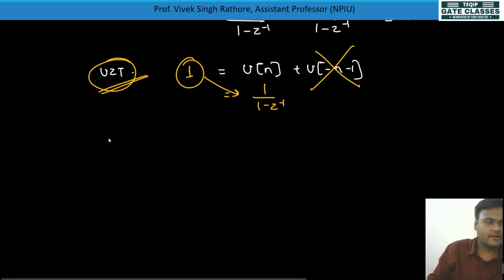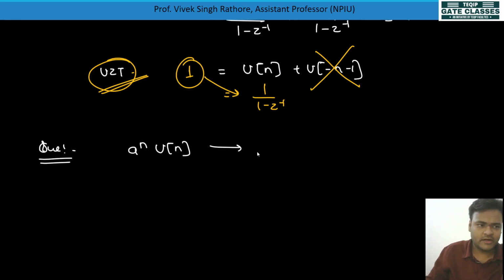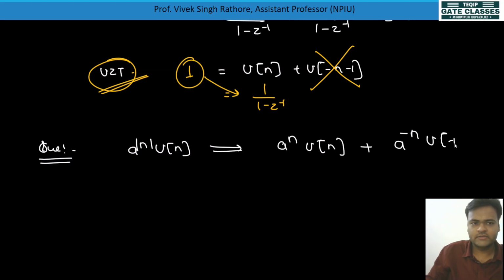Again, I'll give you one question. Let's suppose a to the power n u of n is there. Its Z transform, first of all, understand this is equivalent to a to the power mod n. And here we can say a to the power minus n u of minus n minus 1 will be there.